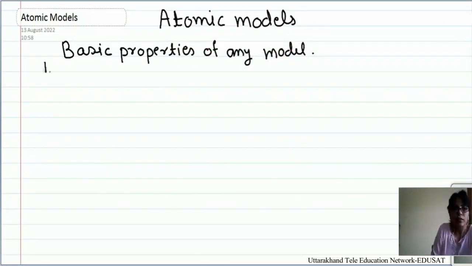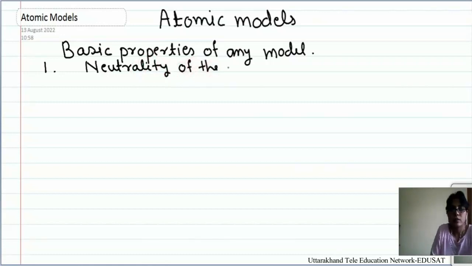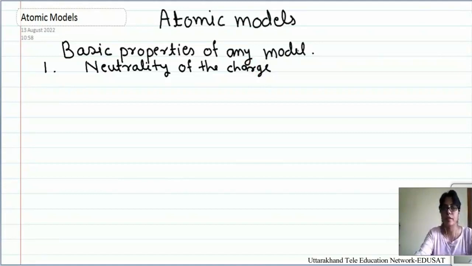So the first is the neutrality of the charge in atom.